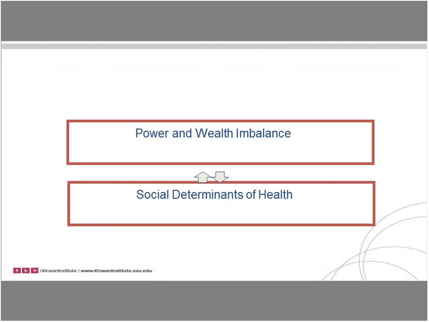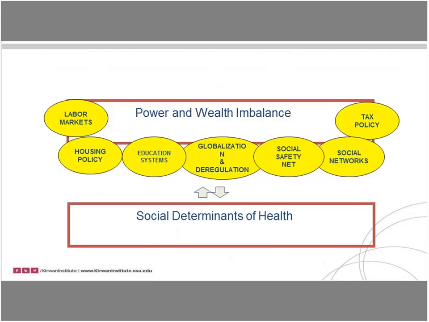What if we thought that social determinants were created by power and wealth imbalances in our country? And those power and wealth imbalances come from the labor market, housing policy, educational systems, globalization, social networks, tax policy, things that are at a higher level. So not community level or group level flaws, but literally imbalances that are created from structural causes.